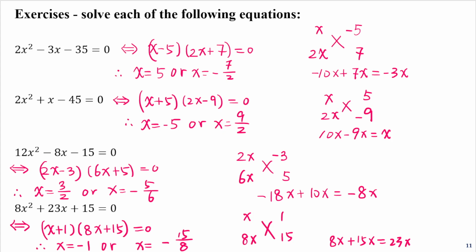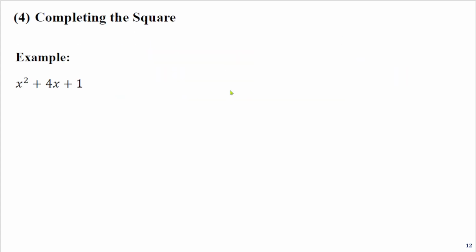Okay, if you don't have any questions, let's see the fourth method we can use to factorize a quadratic expression, which is called completing the square. For example, if you have an expression like this, another quadratic expression, right? We can rewrite this to, well, if you only consider the first two terms, what does it remind you?